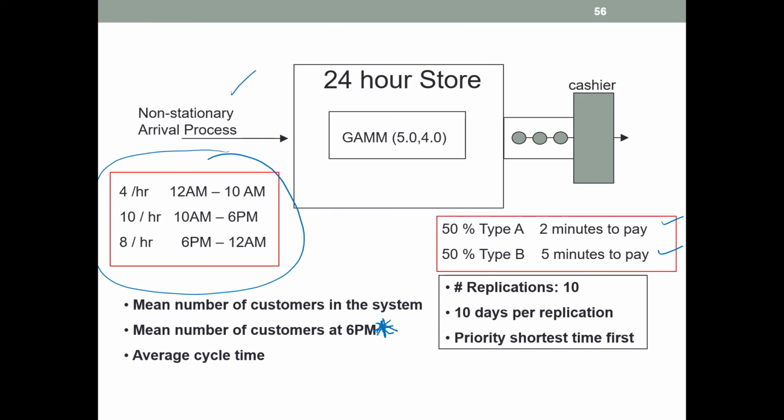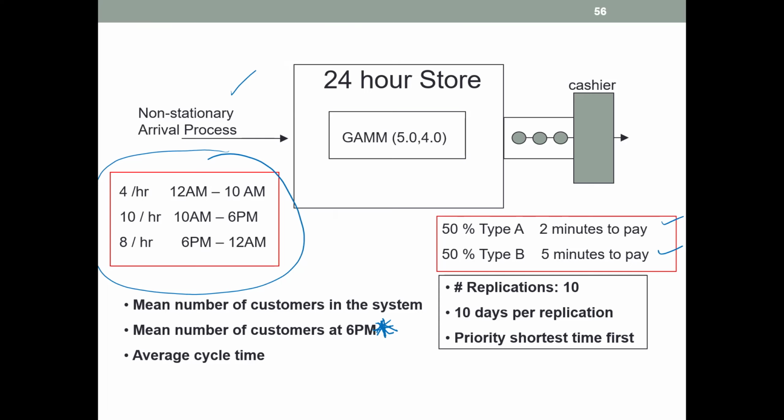In this example, we have 4 entities per hour for the first 10 hours of the day. Then we have 10 entities per hour from 10 a.m. to 6 p.m. And then finally, 8 entities per hour from 6 p.m. to 12 a.m.